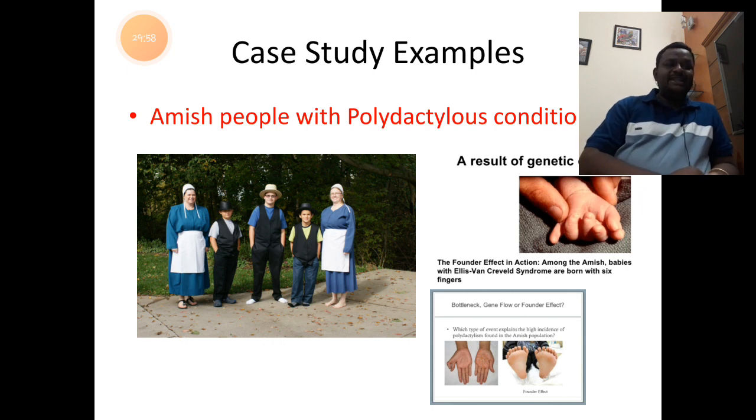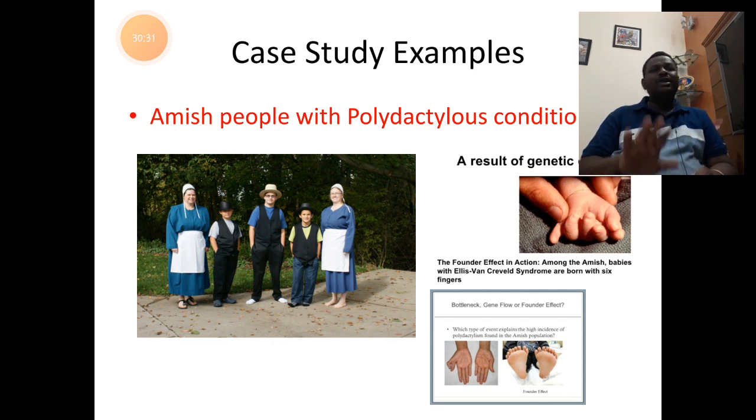The popular case study of founder effect is the Amish people with polydactyly condition. Students, remember, Amish people are a group of German people with a variance in church origin. Compared to the rest of German people, they showed more incidence of the genes responsible for polydactyly condition. Poly means many, dactyly means digits.